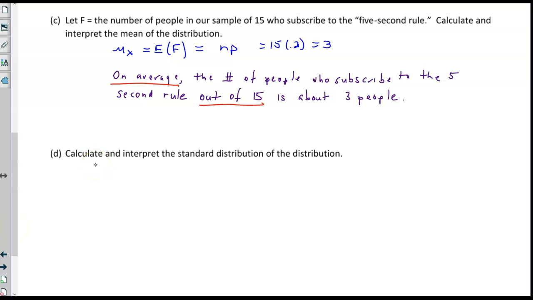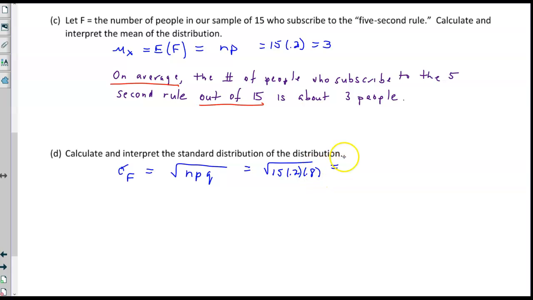Part D, calculate and interpret the standard deviation of the distribution. And again, this formula is included in your reference sheet, so it's nice. And again, it's not X, but the random variable F. The general formula is the square root of npq. So in this case, it's the square root of 15 times 0.2 times 0.8.